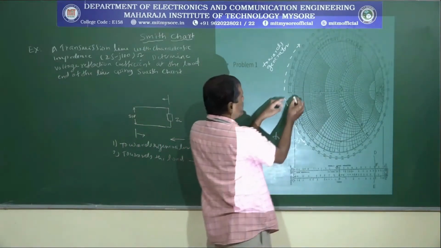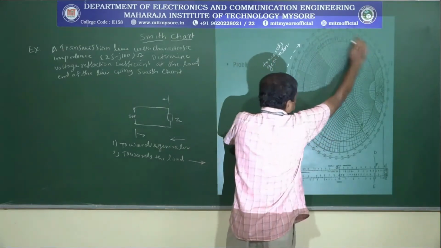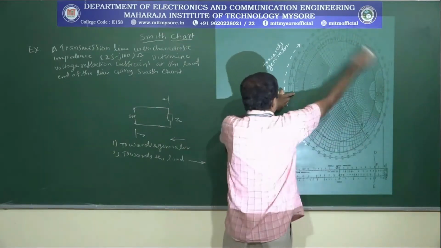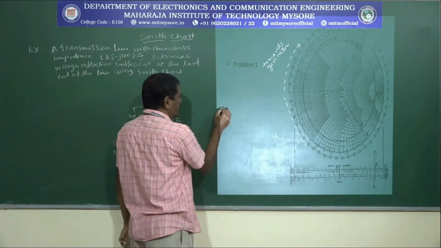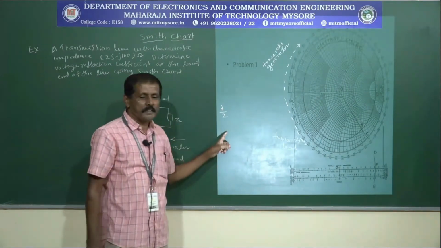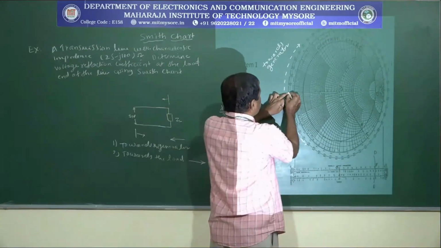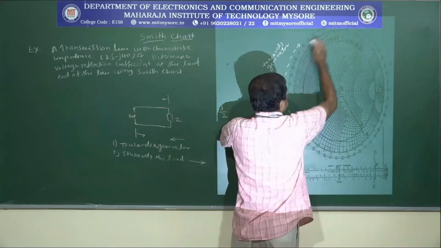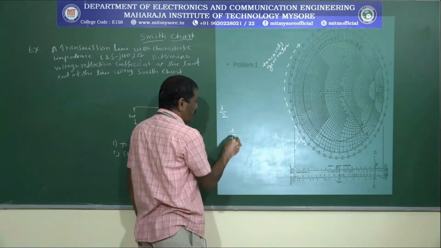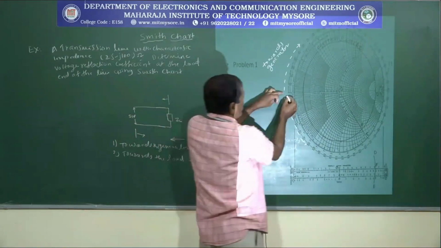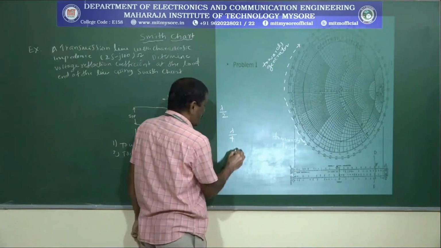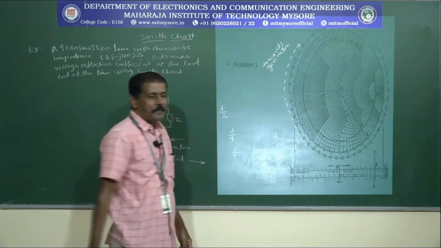Next, from this particular point, if you complete one circle in the clockwise or anti-clockwise direction, then the total distance traveled will be lambda by 2, where lambda is the wavelength. If you move from this point to this particular point, the distance covered will be lambda by 4.